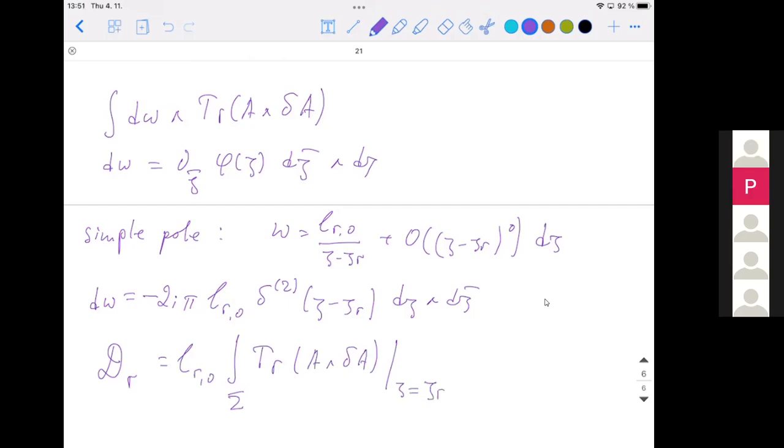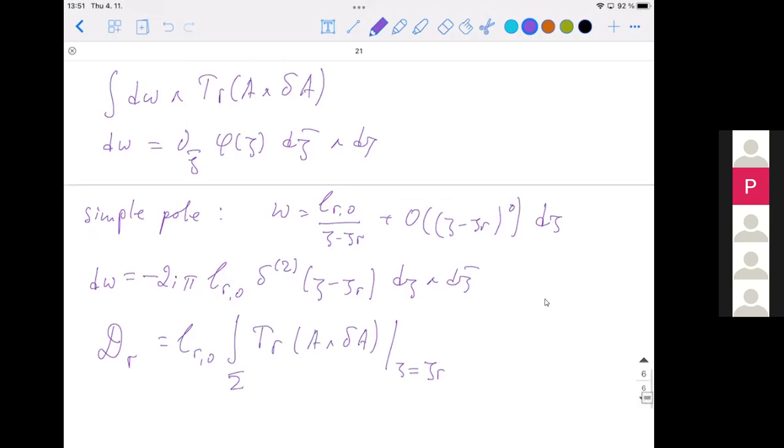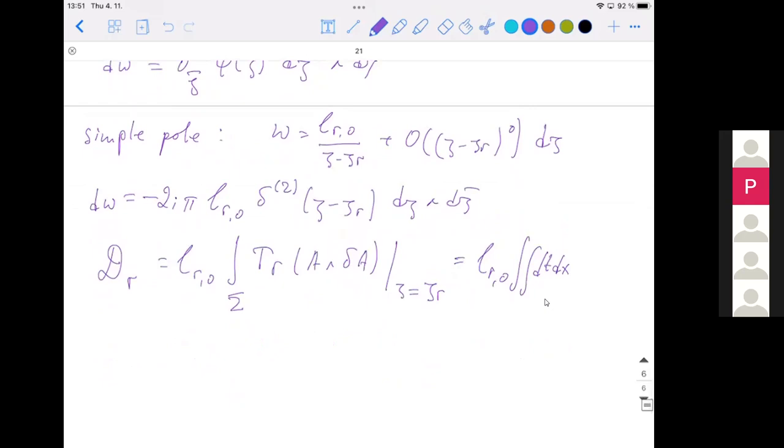So it's just, or in terms of the components, we can just write it like this: trace A mu delta A mu on zeta n.